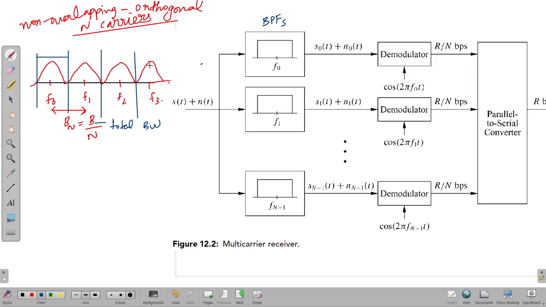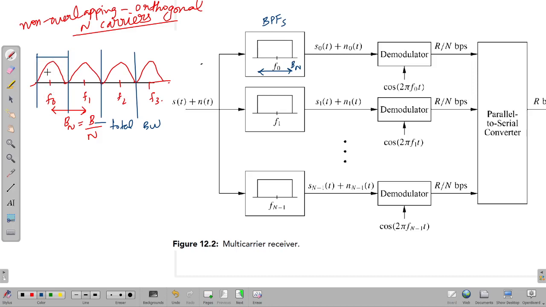The filter which passes this bandwidth is going to be Bn. It is a band pass filter having a center frequency f0 and a bandwidth of Bn. It passes this range of frequencies, and this particular subcarrier can be filtered out.